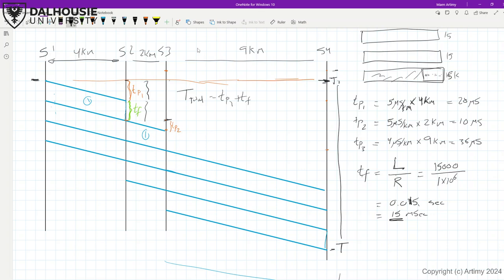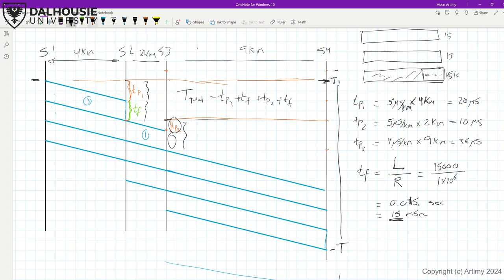And then from here we have TP2 plus TF, from here to here, TP2 and TF.